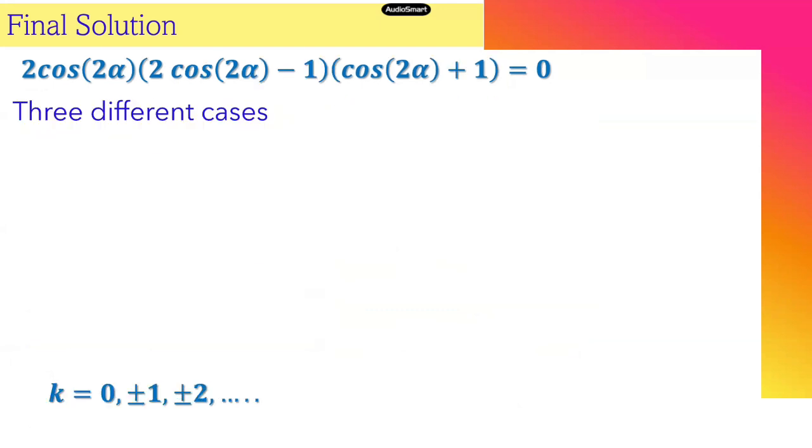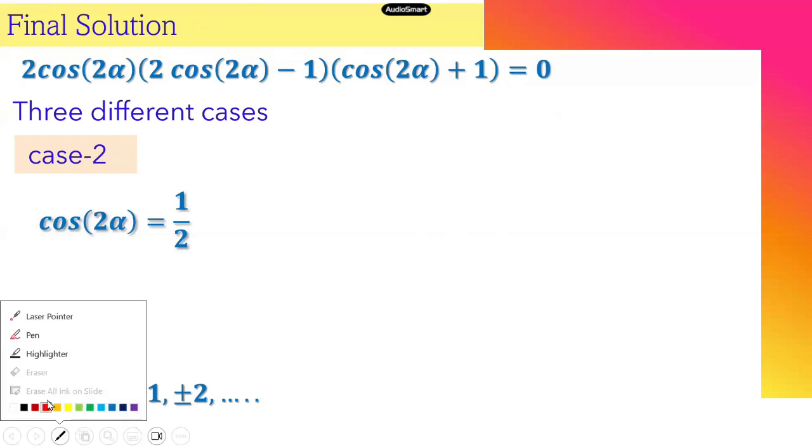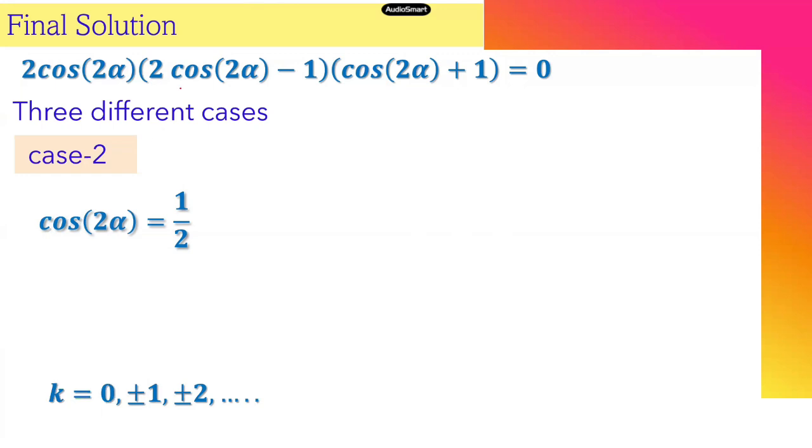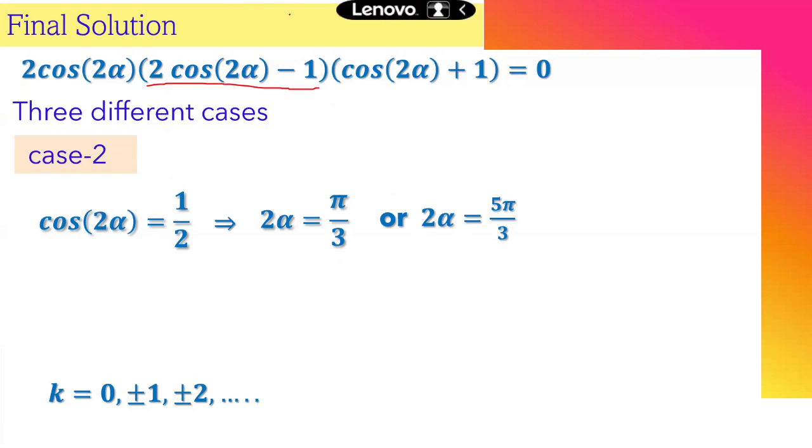Now we move to case 2, from the factor 2 cosine 2 alpha minus 1. Cosine 2 alpha is equal to half, and from there we will have 2 alpha equal to pi over 3, or 2 alpha equal to 5 pi over 3. So two cases are possible, pi over 3 or 5 pi over 3.